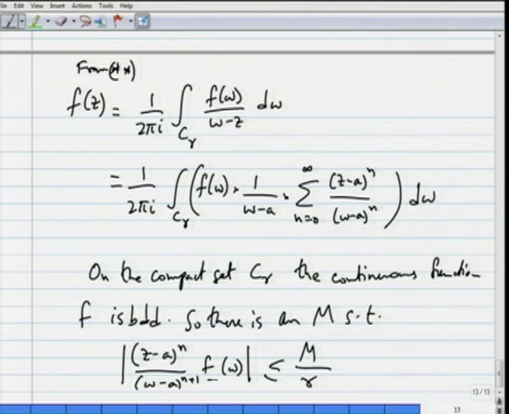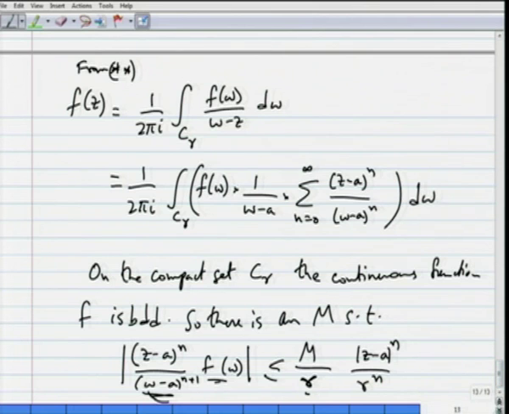So, for this f of w I am using m, and then w minus a in modulus is equal to r, okay, and then I will have I took 1 r for modulus of w minus a, and then I take r raised to n for the remaining n, okay, and then I have modulus of z minus a raised to n.